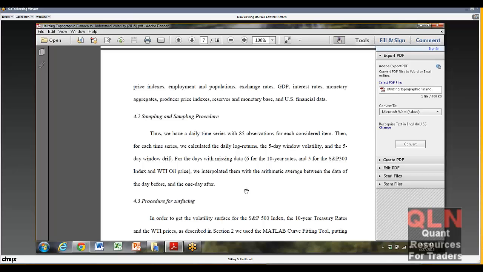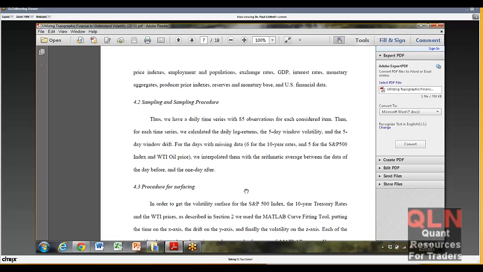Now there were a few days, because of either holidays or some data that was missed within the data sets, and we handled those by taking the price before and the price after the missing date and just taking an average between them to fill the missing data points.